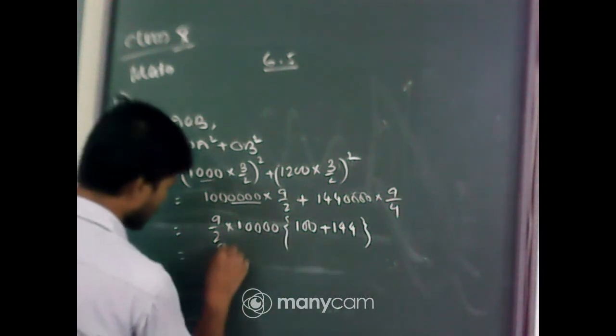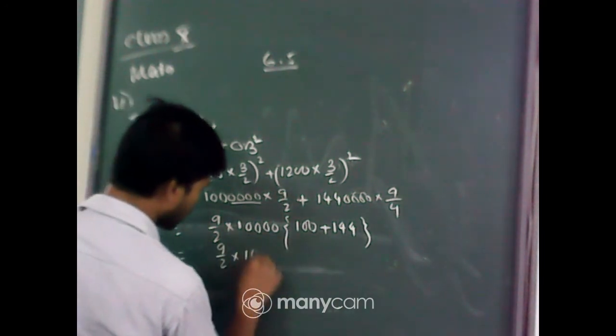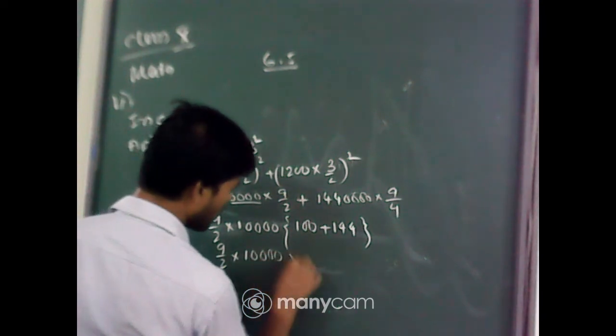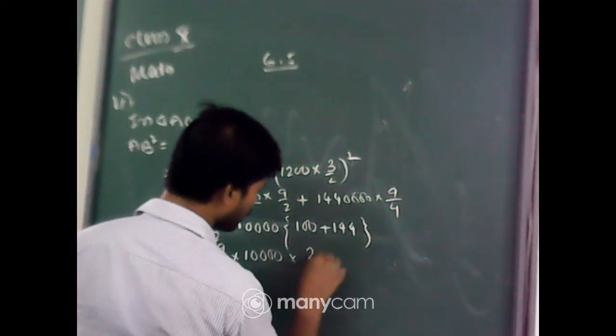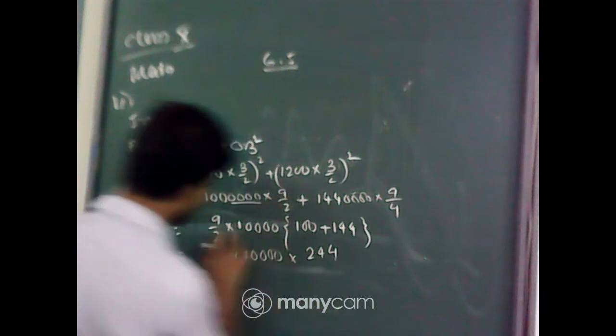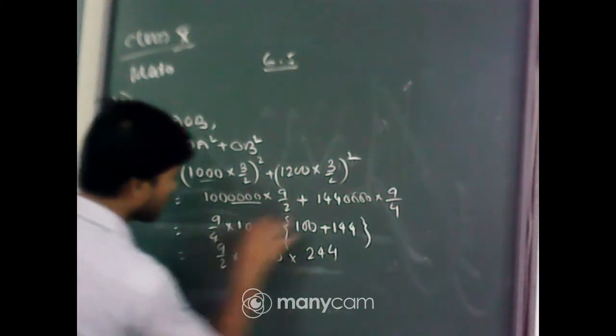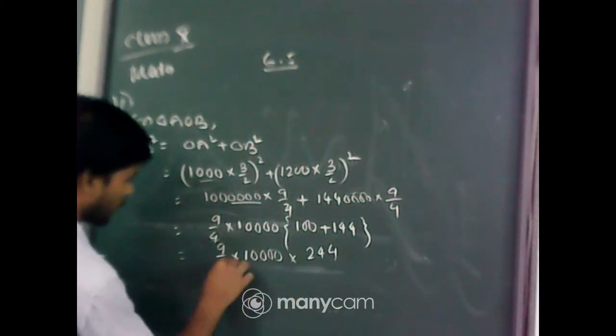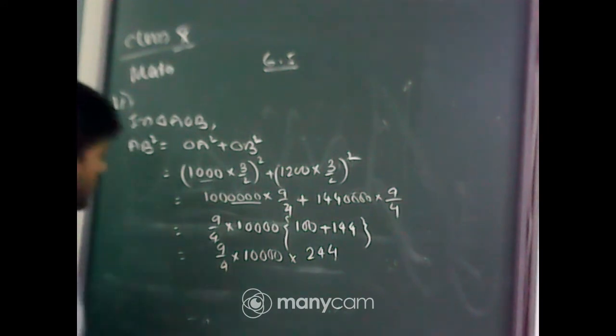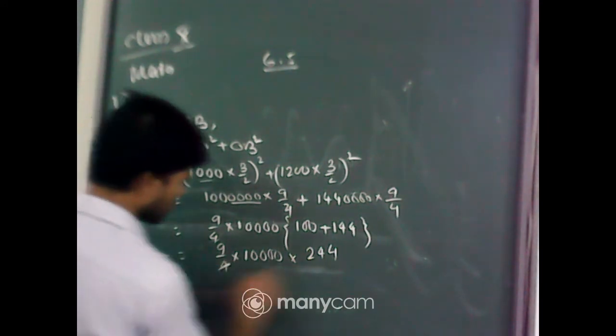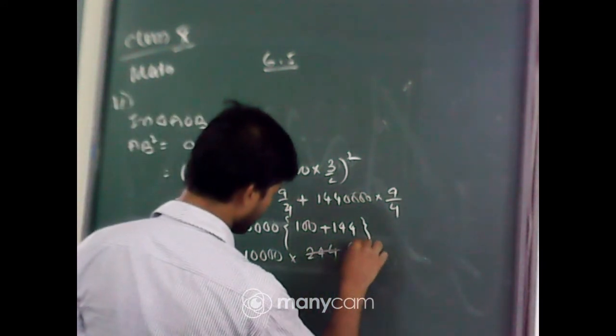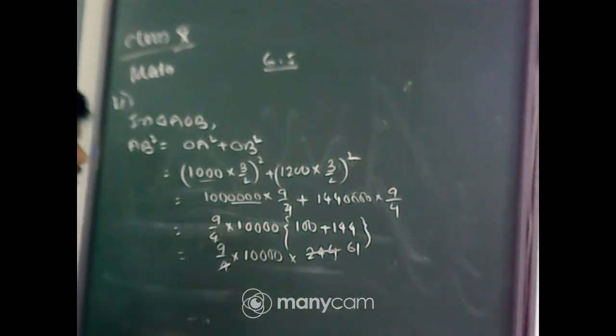So that is 9 by 4 into 10000 into 244. It's not 9 by 2, it will be 9 by 4. Now cut it. Now just multiply it, and we have the answer.